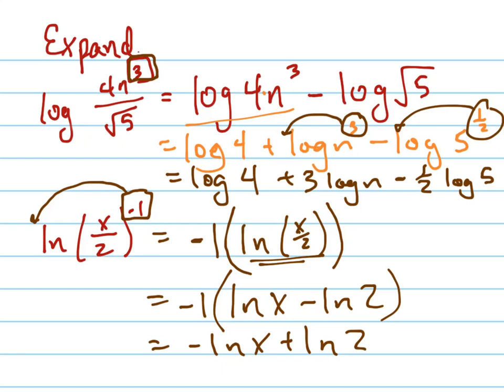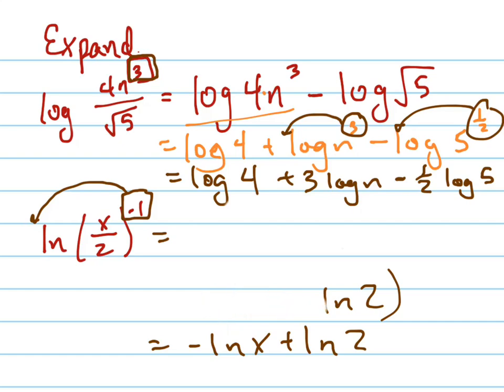There's your answer. Now let's do this a different way. Instead of taking the -1 down first, let's see if we get the same answer, which we should. Let's distribute the -1 in, like this. That's another option you could have done. In fact, let's do it an even better way.